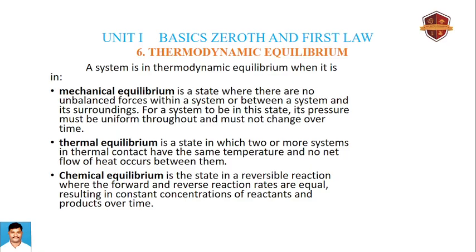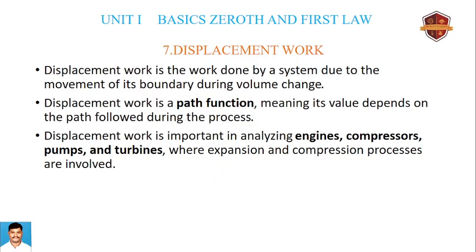Third one is chemical equilibrium, a reversible reaction where the forward and reverse reaction rates are equal, resulting in constant concentration of reactant and product over time. Next one is displacement work.